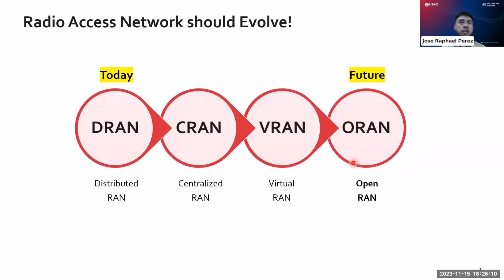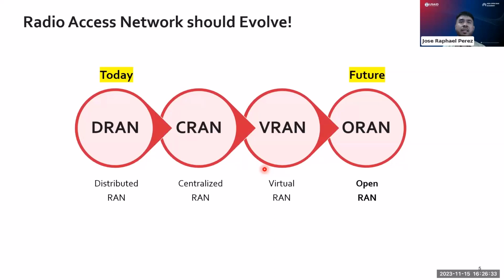For example, the BBU can be located at a more central location to cater to more radio units. Next, we need to virtualize our software, separating it from our hardware. That's vRAN.